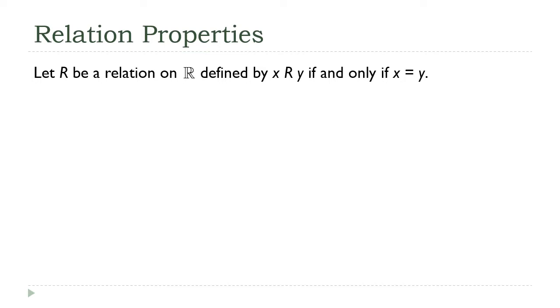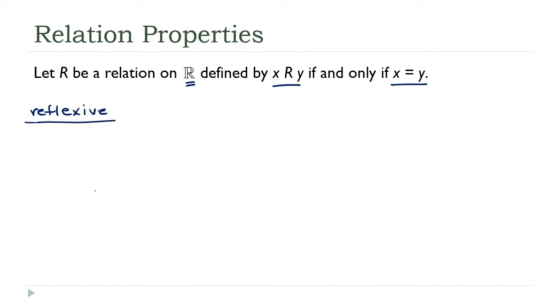So for this relation R, at first I'm defining this on the real numbers, and I'm saying x is related to y if and only if x and y are equal. Okay, so let's take them one at a time. Let's look at the reflexive property.